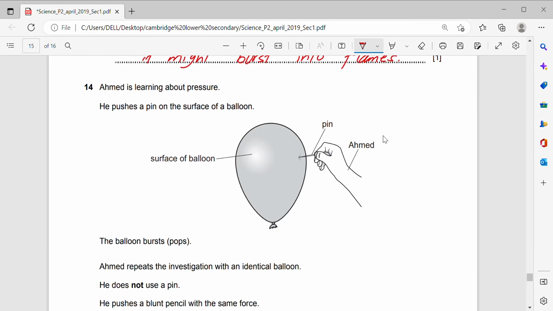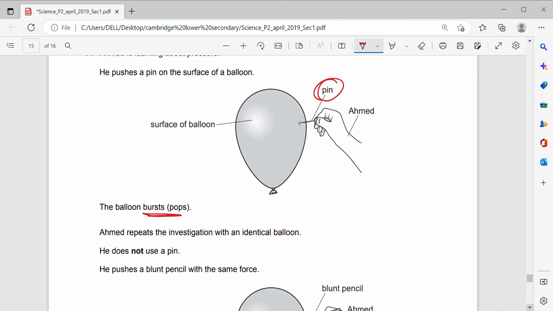Ahmed is learning about pressure. He pushes a pin on the surface of a balloon. And Ahmed is pushing a pin on it. يبقى ده البin بتاعه. The balloon bursts. أكيد. طيب. Ahmed repeats the investigation with an identical balloon.